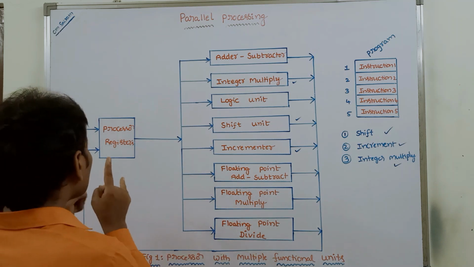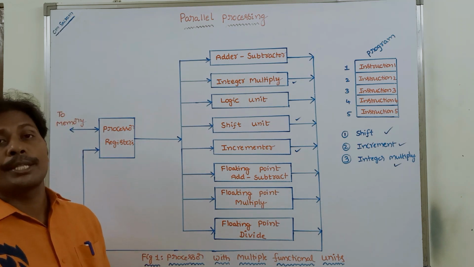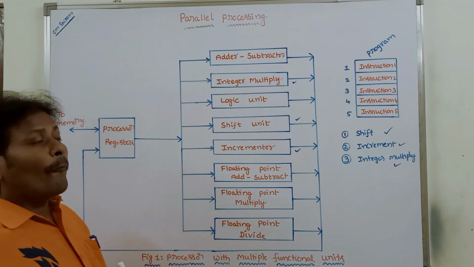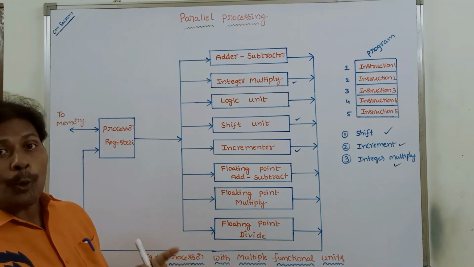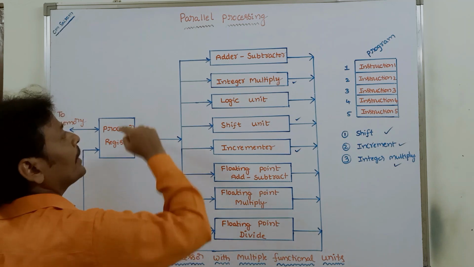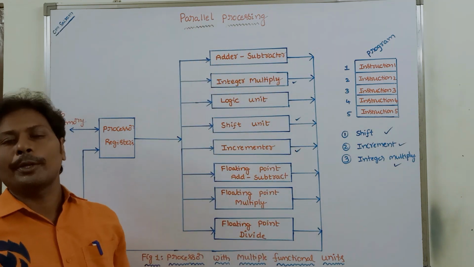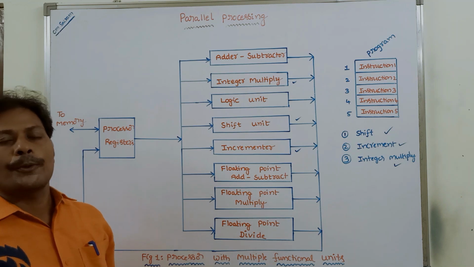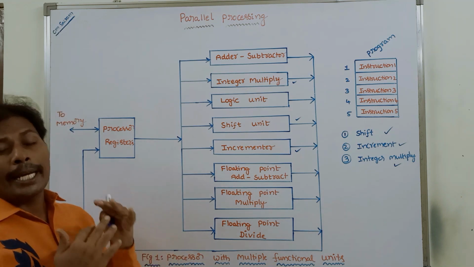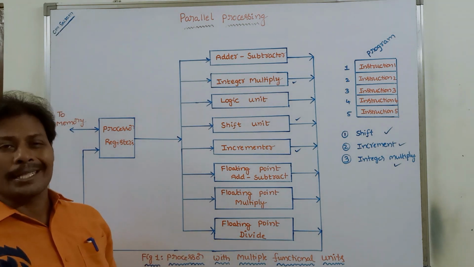A single control unit is used for controlling all the activities that are done in these 8 functional units. Okay, so the control unit can provide the control signal.